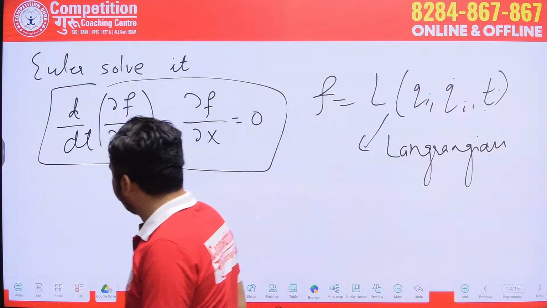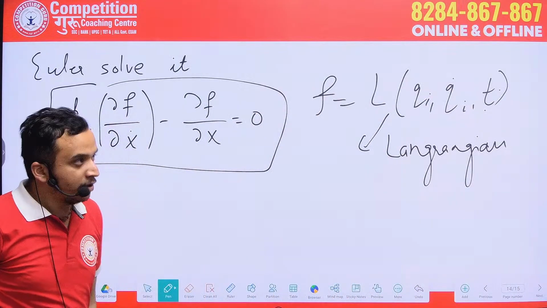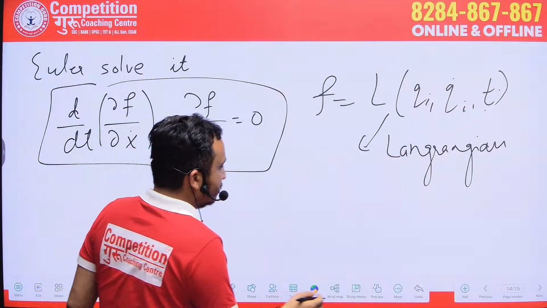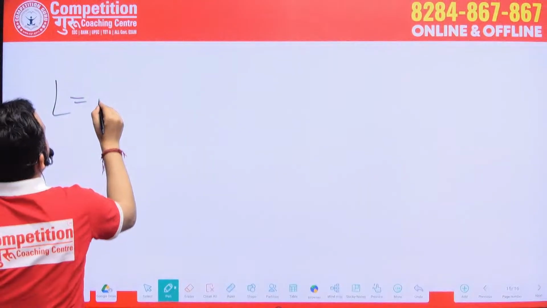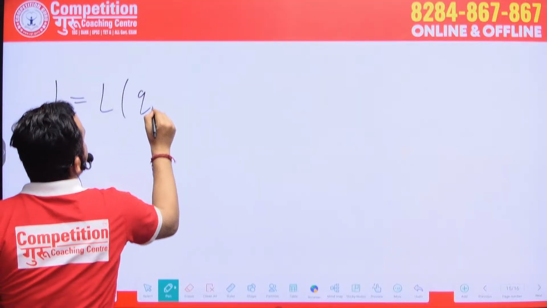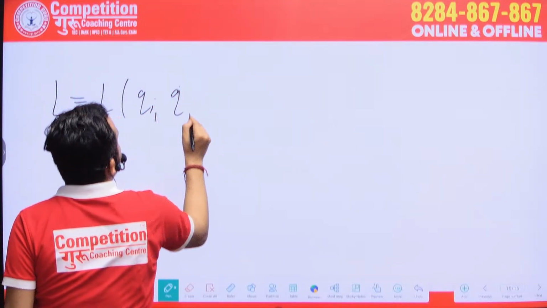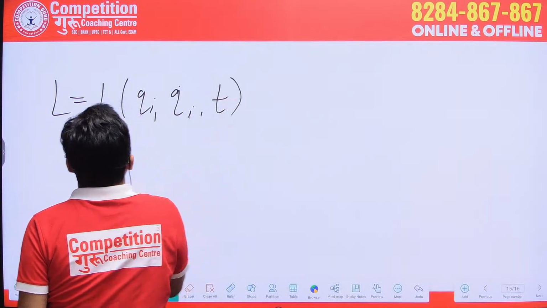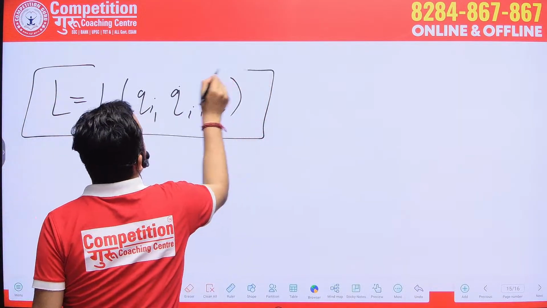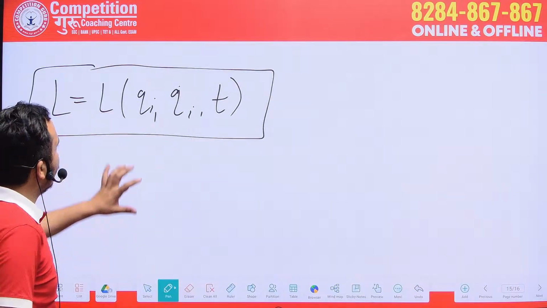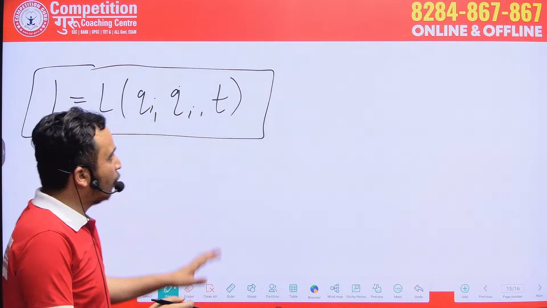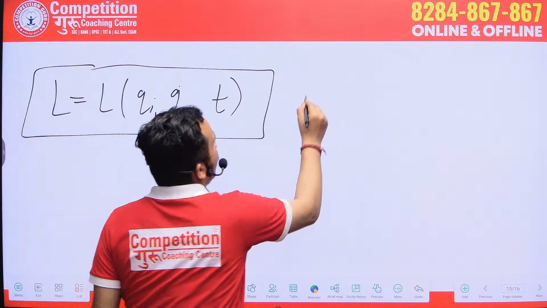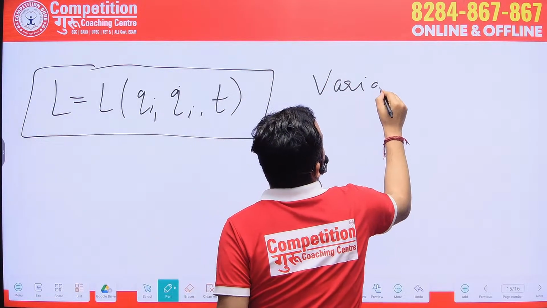When we solve this problem of how to find the shortest path, it is called a variational principle.